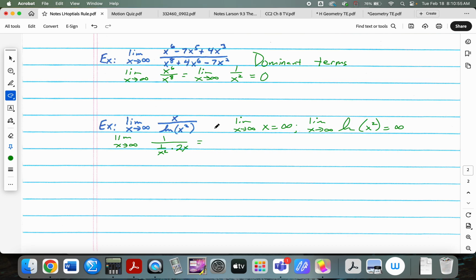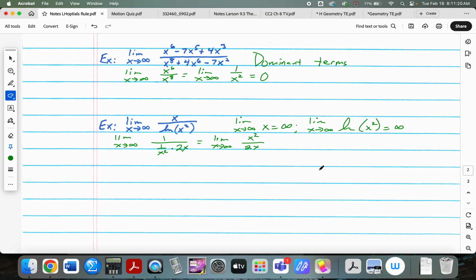I'm going to clear out the complex fraction. You can think of it as multiplying top and bottom by x squared, or you can just think 1 over 1 over x squared is x squared. So that would be the limit as x approaches infinity of x squared over 2x.